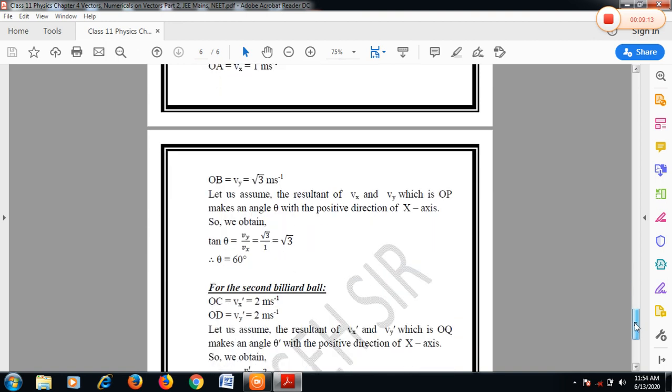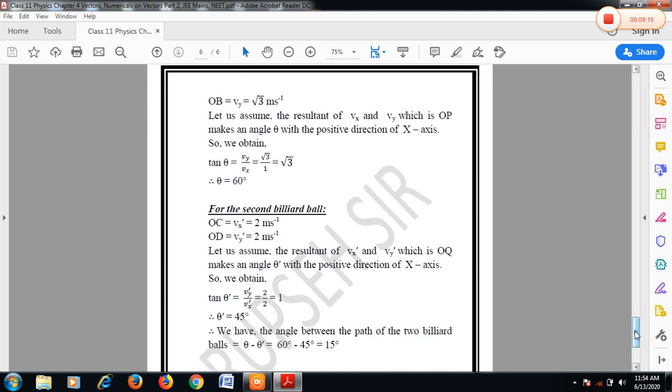Let us assume the resultant of Vx prime and Vy prime, the actual velocity of billiard ball 2 represented by OQ, makes an angle theta prime with the positive x-axis. So tan theta prime equals Vy prime by Vx prime equals 2 by 2 equals 1, so theta prime equals 45 degrees.